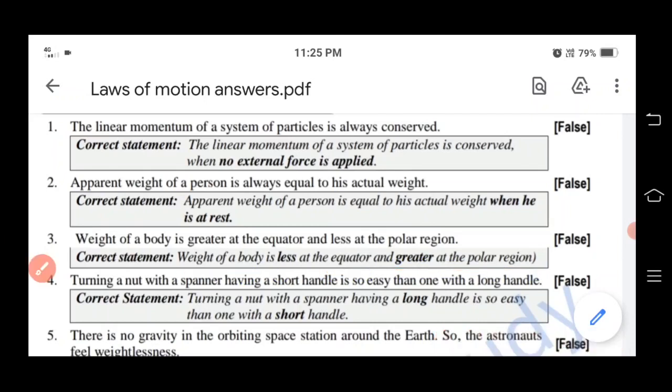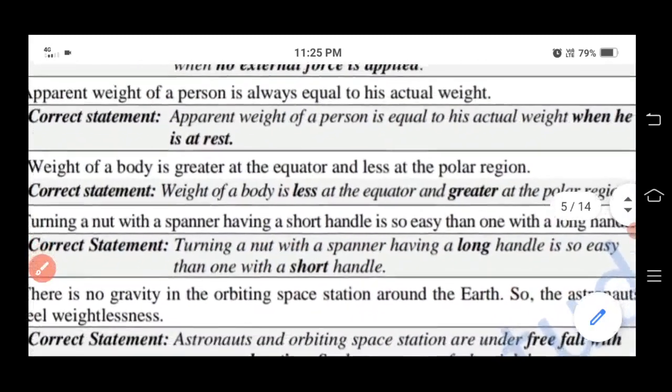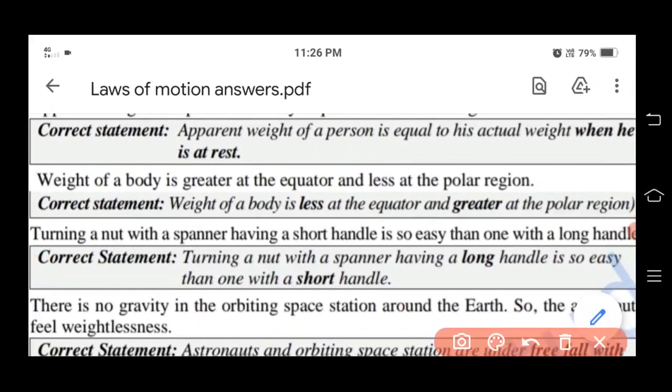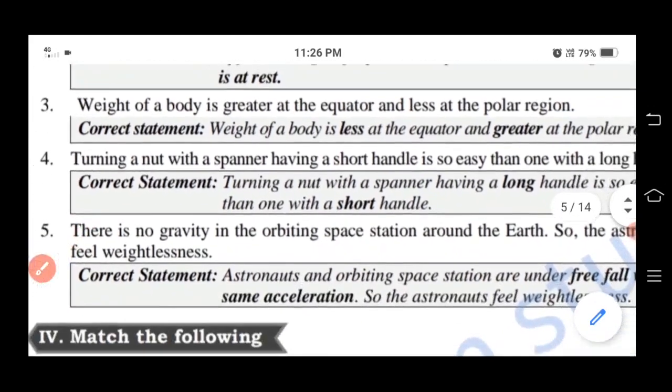And then the fourth one, turning a nut with a spanner that has a short handle is easier than with a long handle. The answer is false, because the correct statement is turning a nut with a spanner that has a long handle is easier than with a short handle. And then question number 5.